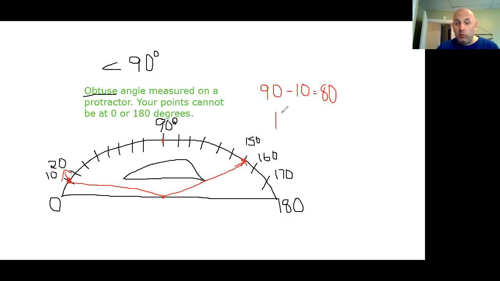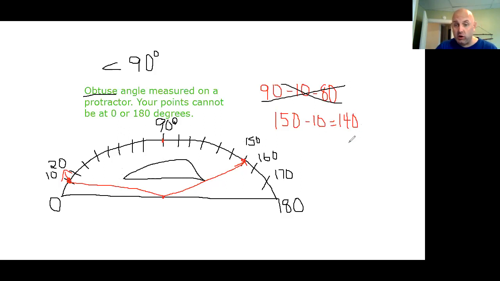That angle would be 150 minus 10, which would be 140. That would be an obtuse angle. So you could choose many, many numbers on this protractor, as long as you understand that when you subtract your 2 points, you have to get an answer bigger than 90 degrees. So that one didn't work.